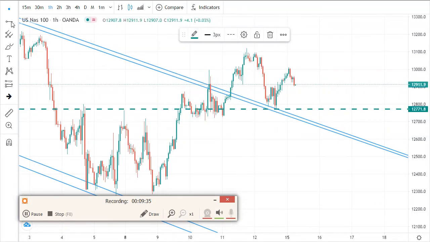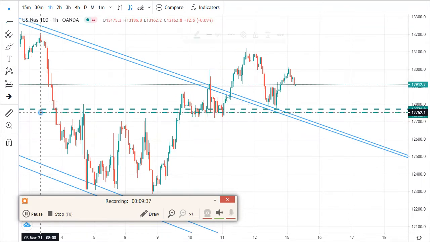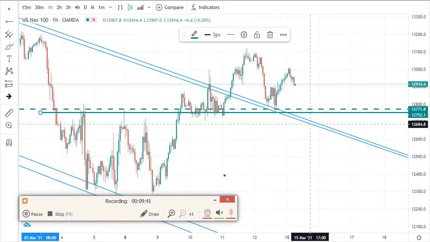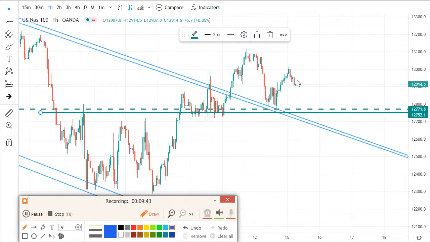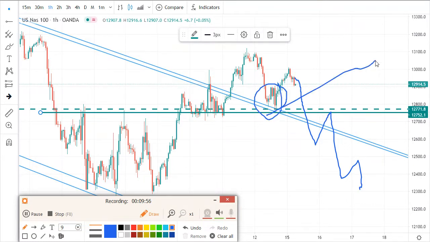If the market breaks our support here, it means the market can still push lower. We are also ready for that. But at the moment we have this confirmation, we're just waiting to buy.